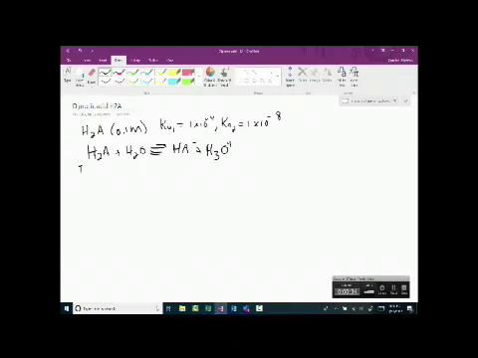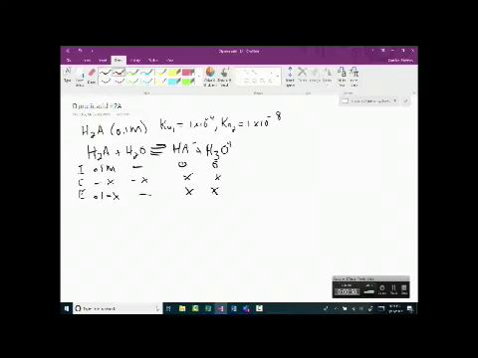And we do a nice table with this, and I have 0.1 molar, dash, 0 minus x, and x; 0.1 minus x, dash, x and x. Now this is what we did always before.